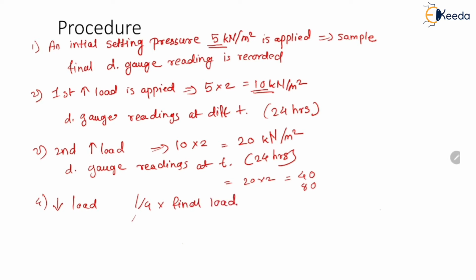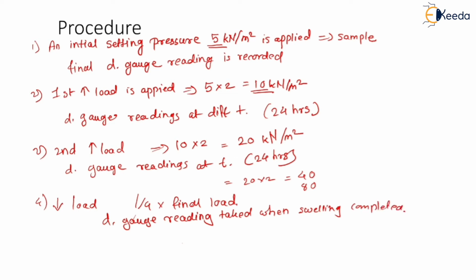Because of this decrease in load, the soil sample will take water from the surrounding and it will swell. The dial gauge reading is taken when swelling of the sample is completed.